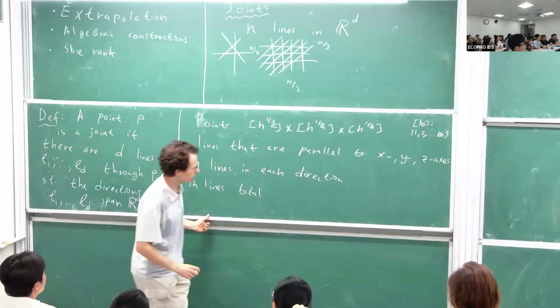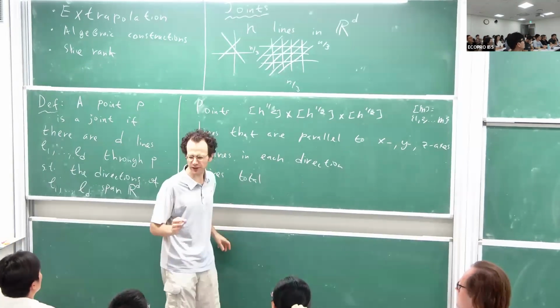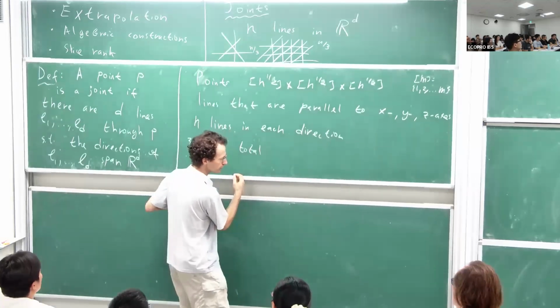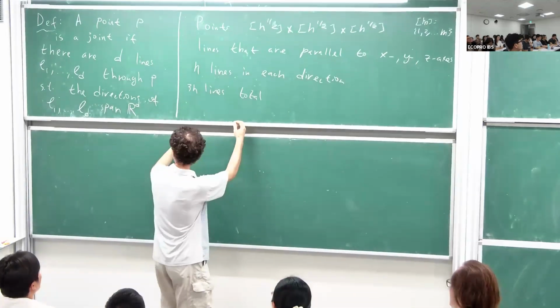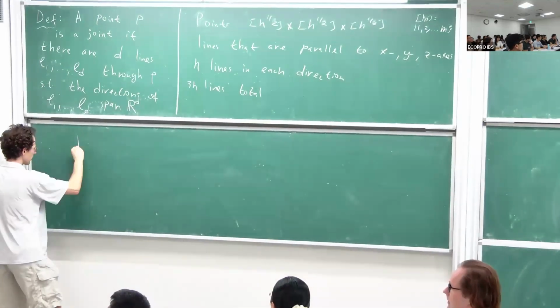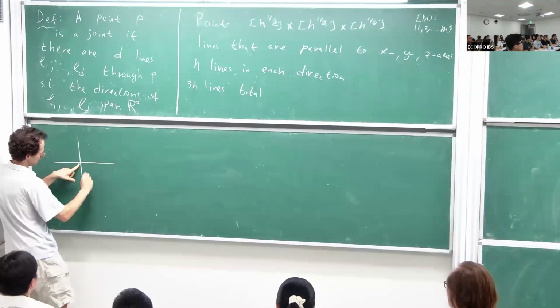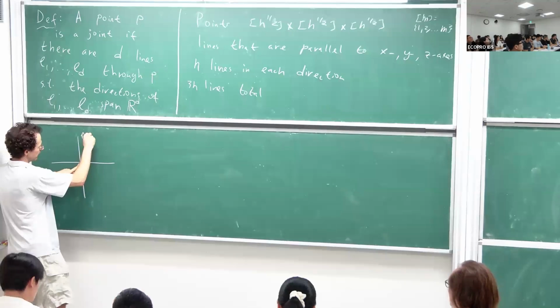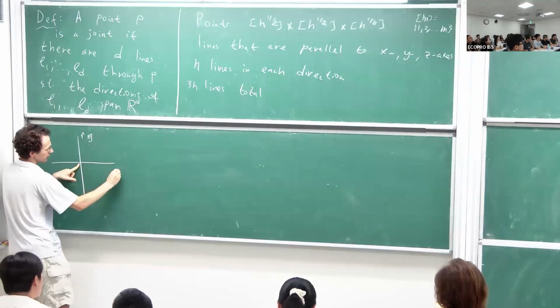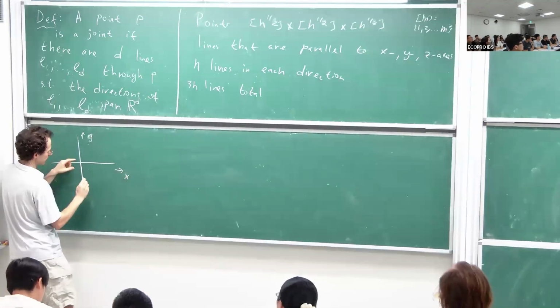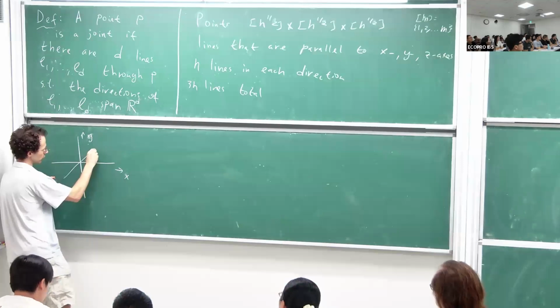So okay, I was afraid of this question because I'm horrible at drawing pictures, but since you're asking, I'll have to do it. Oh, it's not parallel. So if you take a point, it looks like there's a line going in the x direction, another line going in the y direction, and another line going in the z direction, right?